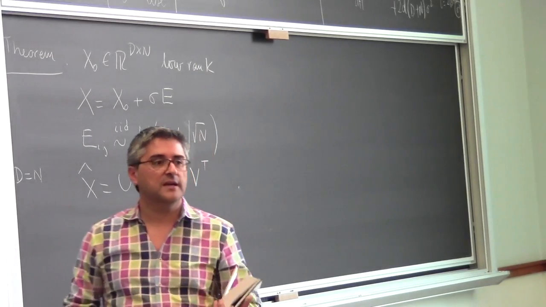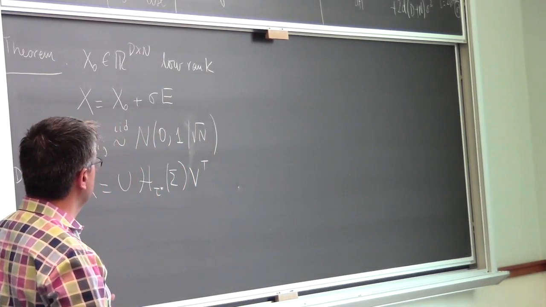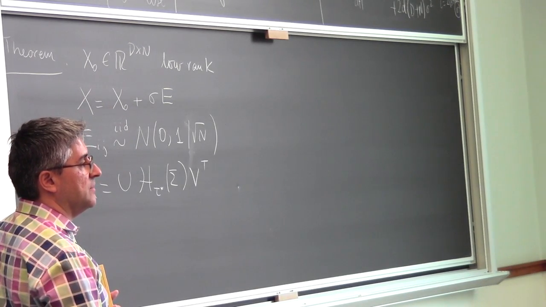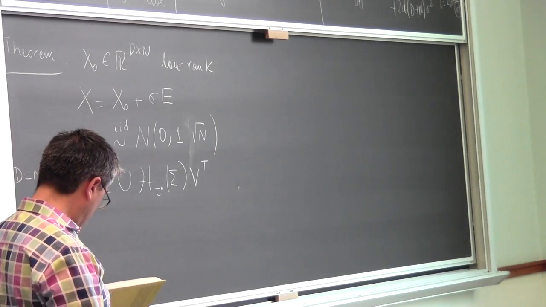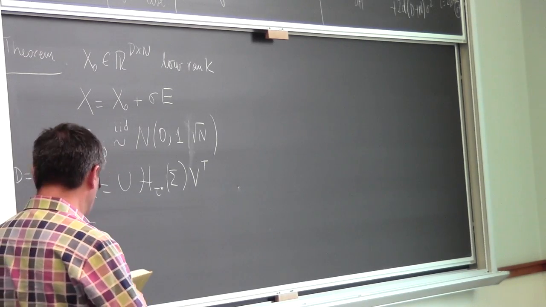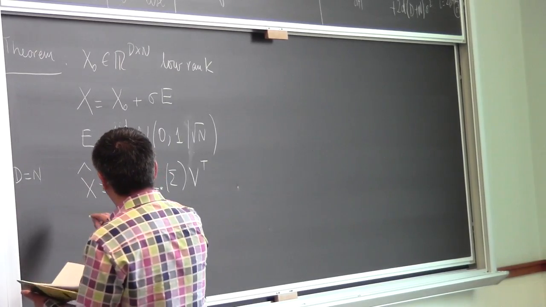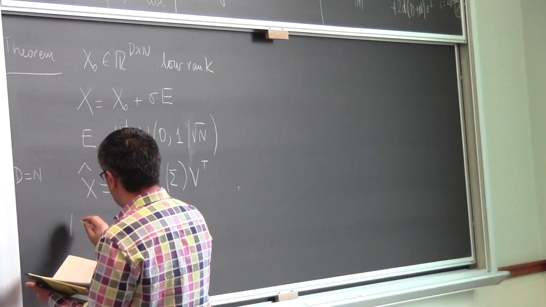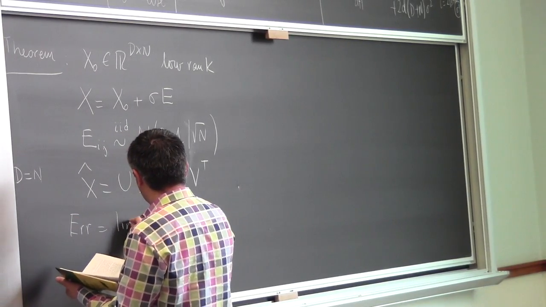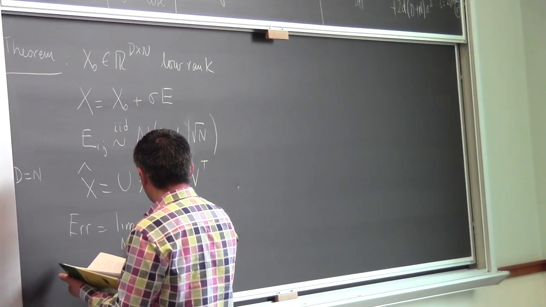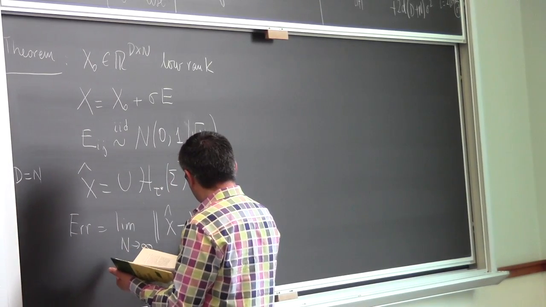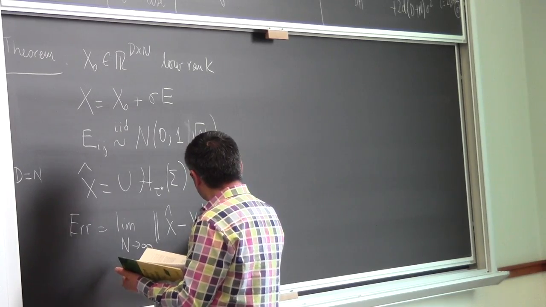In other words, let's consider that solution obtained by thresholding the singular values of the matrix with some value tau. And now let's consider the error, as measured as follows: the limit as the size of the matrix goes to infinity of x hat minus x naught.